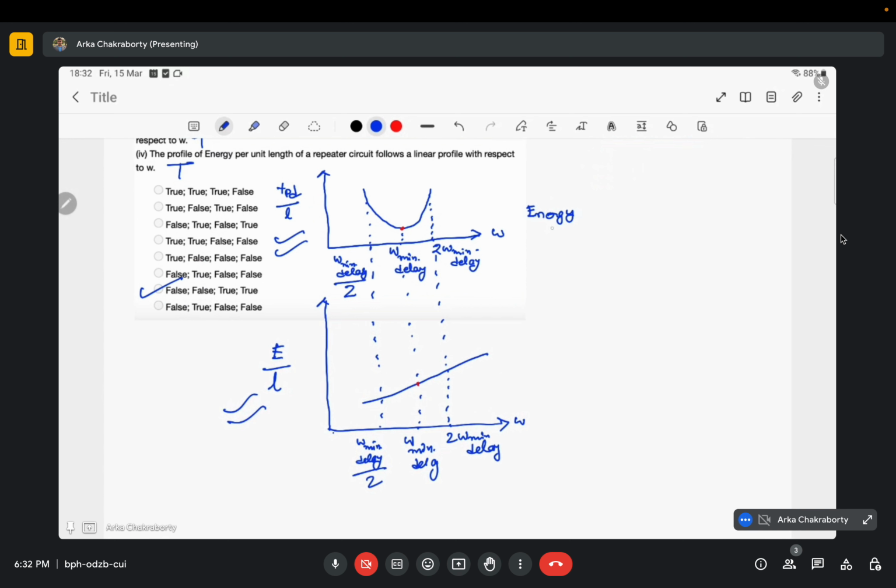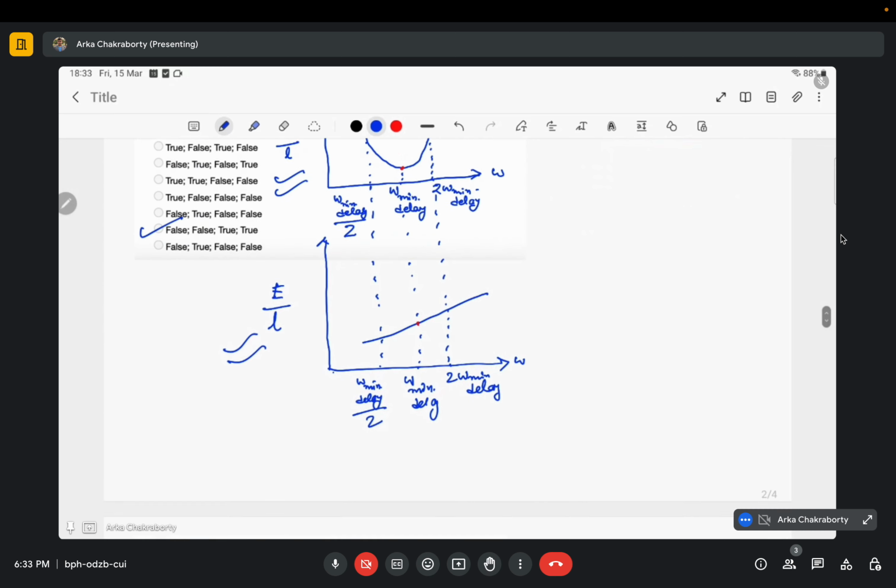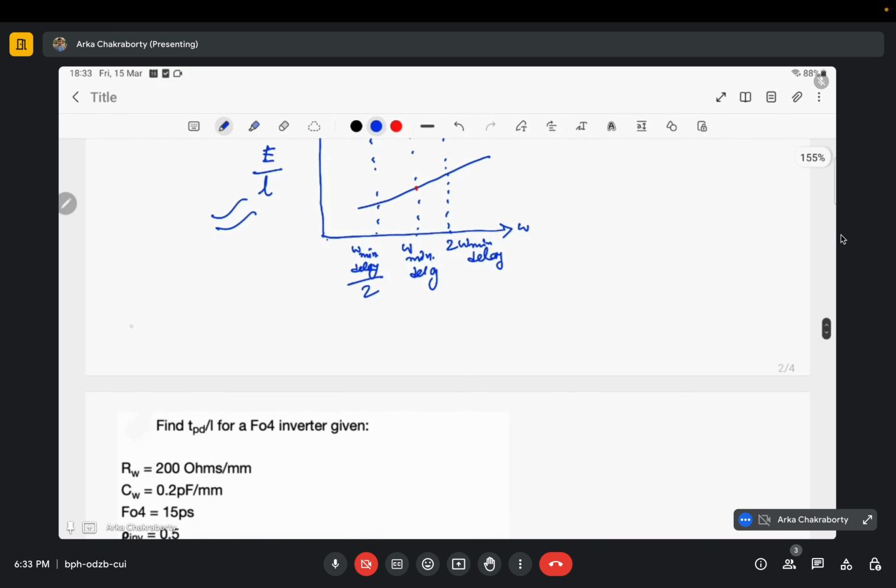Energy per unit length was something of this sort, C into W, 1 plus rho inverter. Space is not there, let me write it somewhere else, right here.